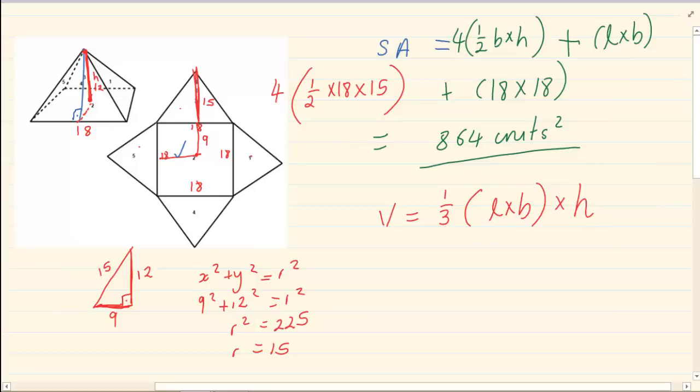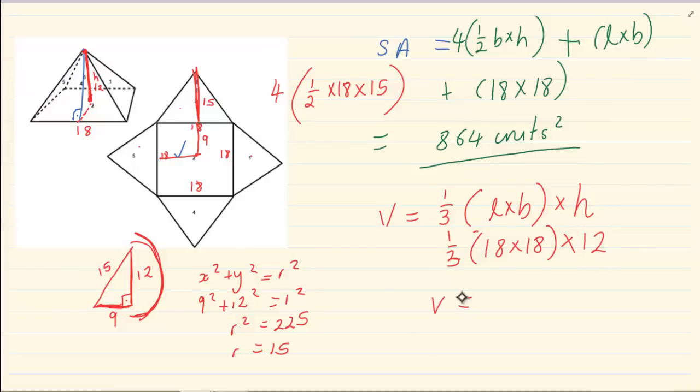Remember, when we're talking of the height, we are talking of the pole that's right in the center. So it would be a third, and then it would be 18 times 18, and then it would be times 12, because I'm referring to the pole that is in the center of the pyramid. So the volume is going to equal 1296 units cubed.